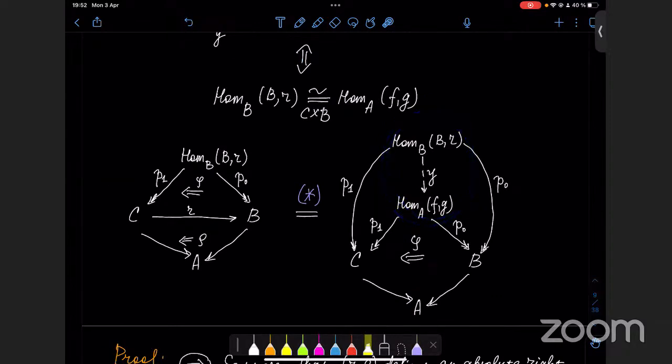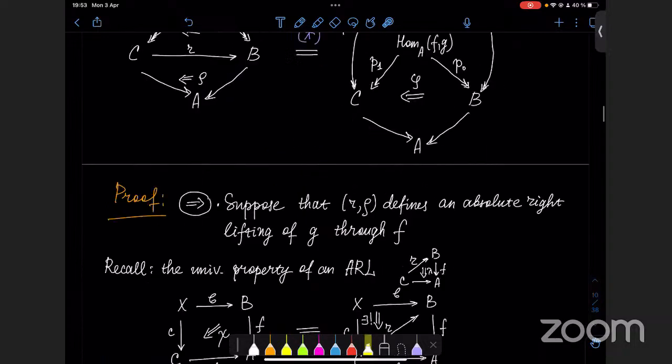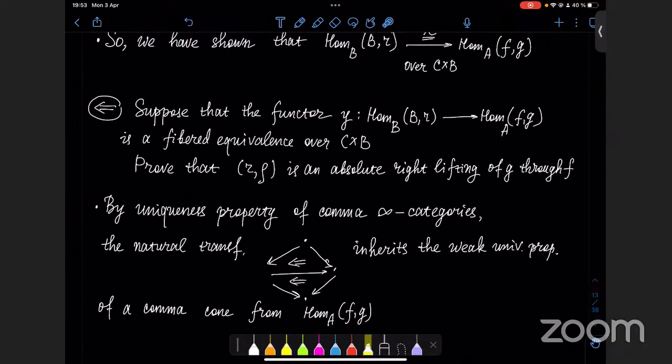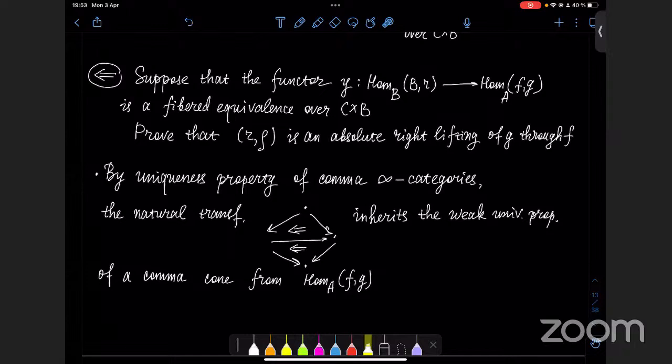It is derived from the decomposition of this two-cell, and we suppose now that this Y is a fibered equivalence over C cross B, and we will prove that R rho is an absolute right lifting of G through F, and to do so we use first of all a uniqueness property of comma infinity categories.